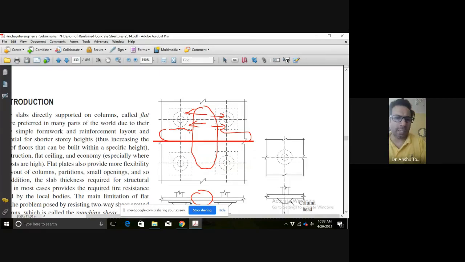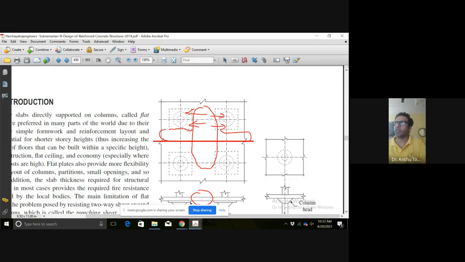This is how this particular slab portion is going to transfer the load to the adjacent portion. It will try to transfer the superimposed load from the slab to the column portion.